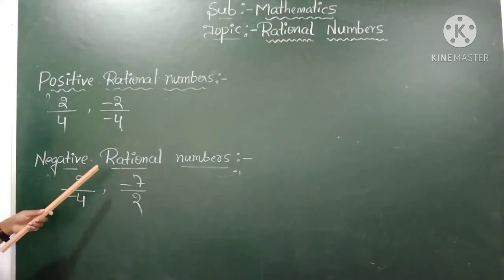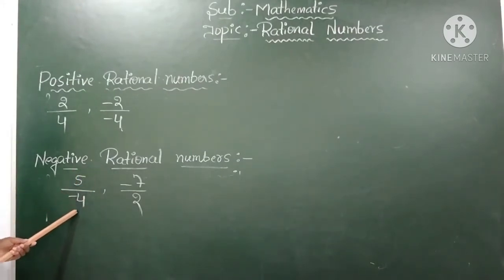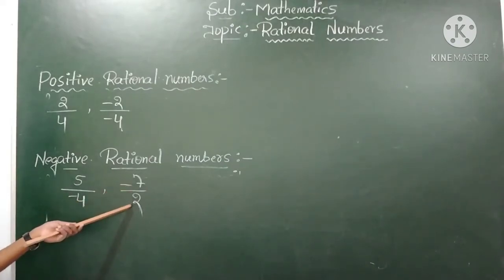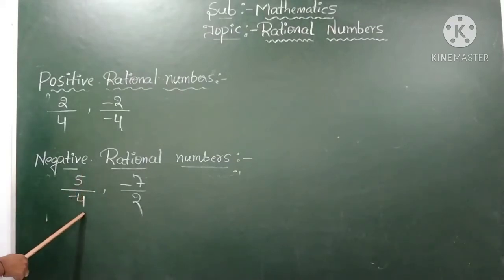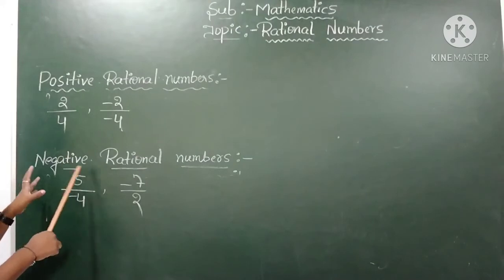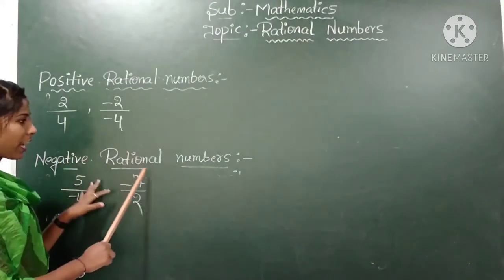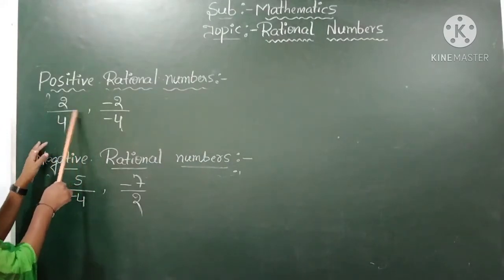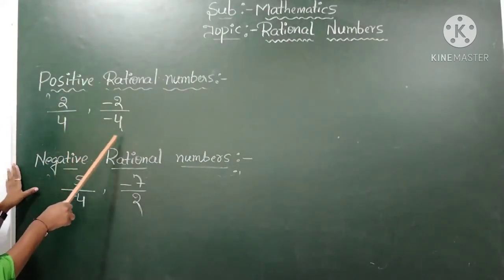If the numerator is positive, the denominator should be negative. If the numerator is negative, the denominator should be positive. This kind of rational number is called a negative rational number. And this kind is called a positive rational number.